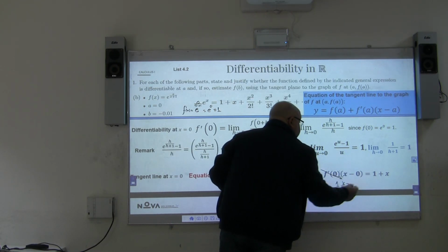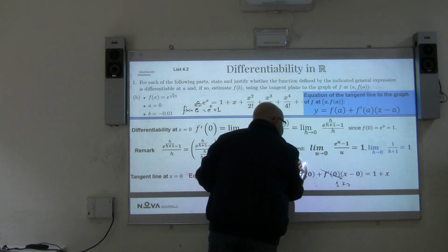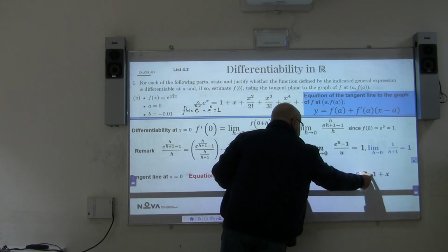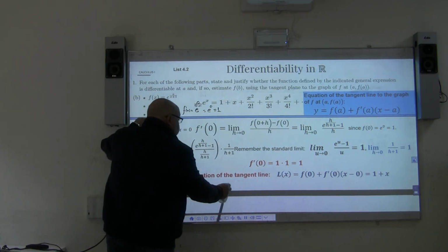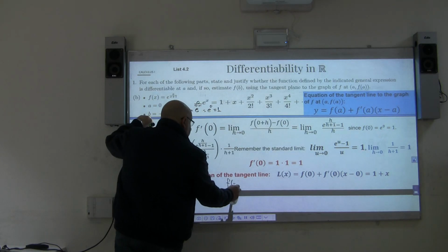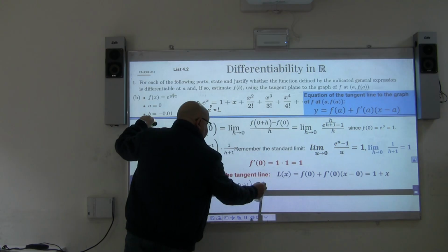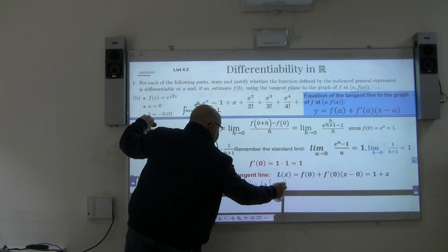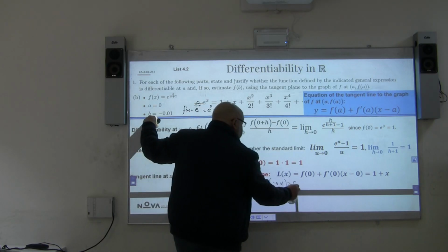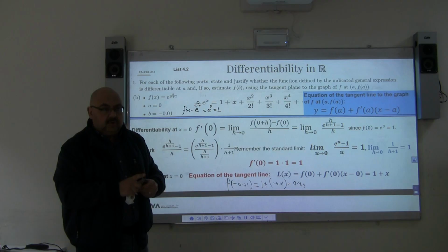So the result will be 1 plus x, as you can see. Okay. Now, after getting this equation, which is 1 plus x, I can get the value at b. So f at minus 0.01 is simply going to be 1 plus, replace the value of x by minus 0.1, which is going to be 0.99. This is how to approximate.